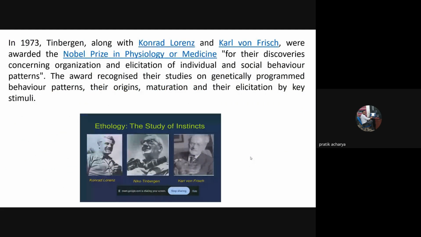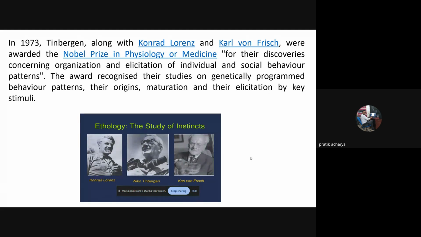We have to remember the names of these three scientists because they got the Nobel Prize for their research contribution towards animal behavior: Konrad Lorenz, Nico Tinbergen, and Carl von Frisch. They got the Nobel Prize in 1973 for their discoveries concerning the organization and elicitation of individual and social behavioral patterns.